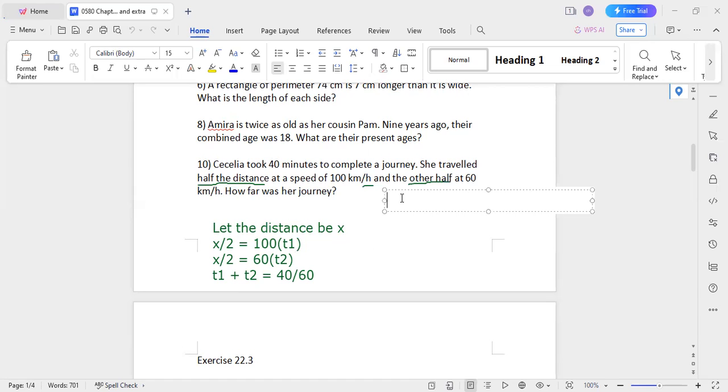So I'll just give you guys a little hint. How would you be able to solve this part while relating it to this? And how do we find the distance in the end? Substitute. What do you think? What do we get?